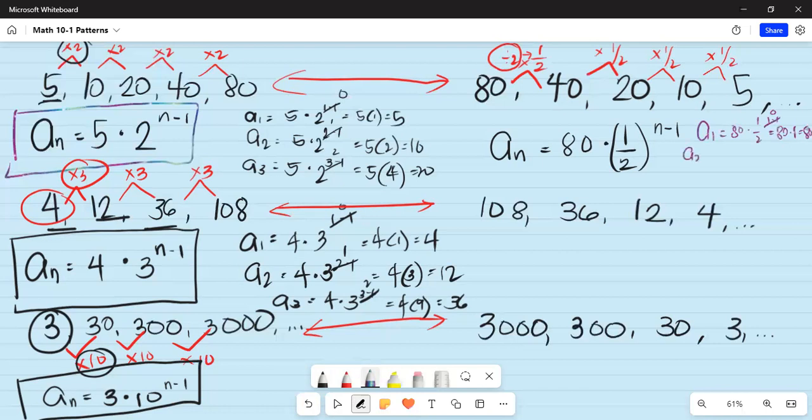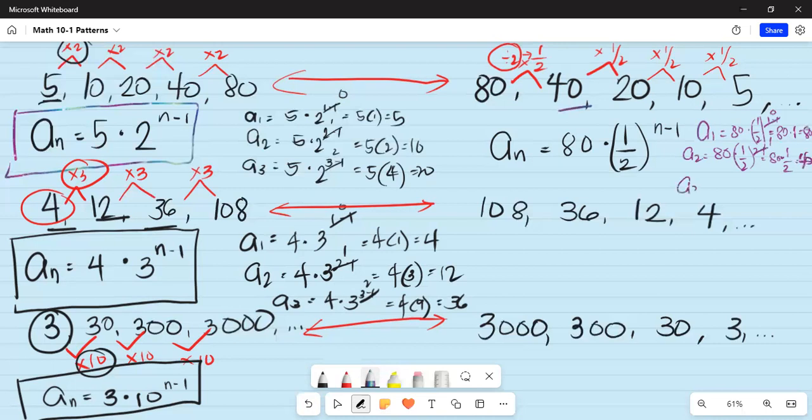Next is a sub 2. 80 times 1 half raised to 2 minus 1, and 2 minus 1 is just 1. So therefore, it becomes 80 times 1 half. 80 times 1 half is just the same as 80 divided by 2, and that's 40. And that's our second term.